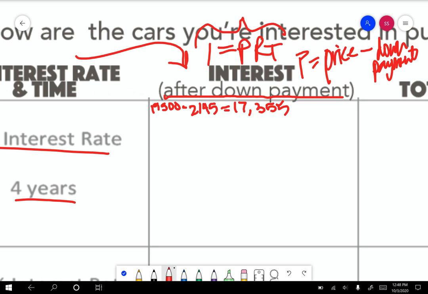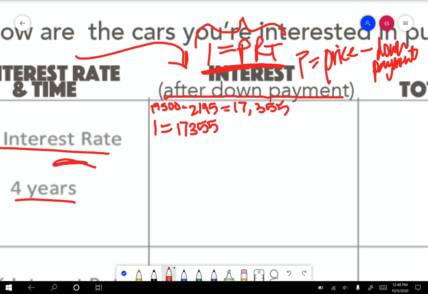Okay, so now we're going to use this formula for the rest of it. We don't know the interest amount. That's what we're trying to find. We do know the principal amount, right? That's the amount we're borrowing that we just calculated. We do know the rate, the interest rate, it says right here, was 7%.